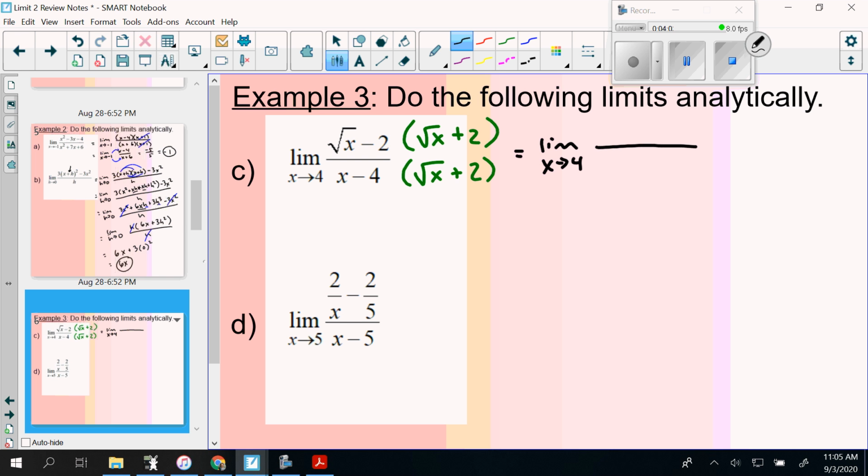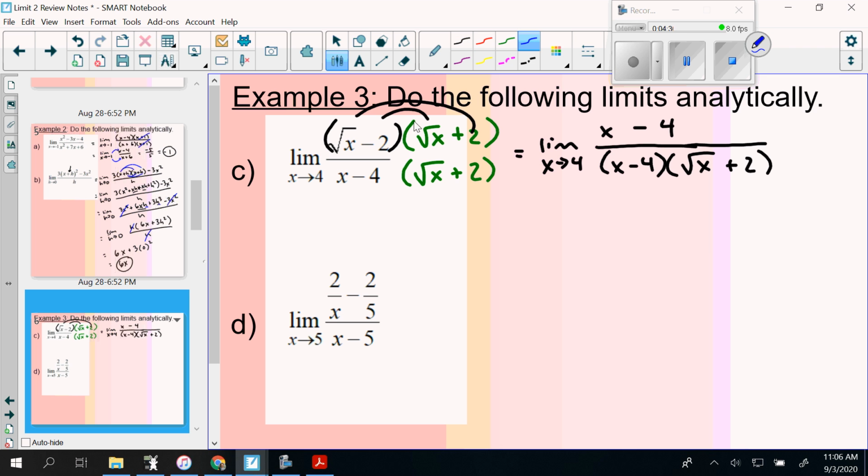So now what we're going to have on our limit here is, in our numerator, if we multiply this out now, square root of x times square root of x is just x. It's a conjugate, so when I multiply these two and these two, they're going to cancel. And then when I multiply the last ones, I'm going to end up getting -2 times +2, which is -4. On the bottom, I'm not going to multiply that out. I'm just going to leave these two terms. And I think you'll see why in a second here if you remember doing these from prior years.